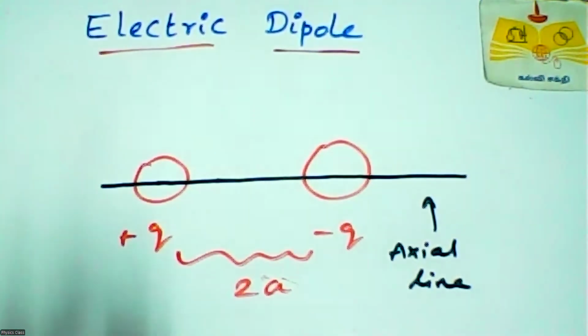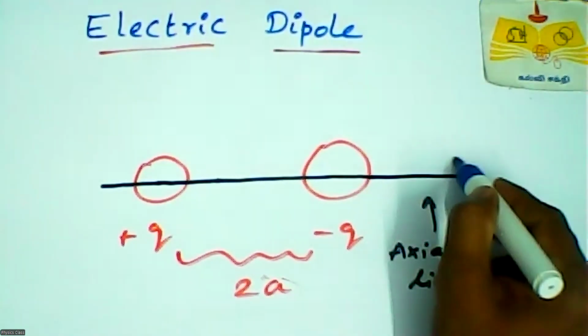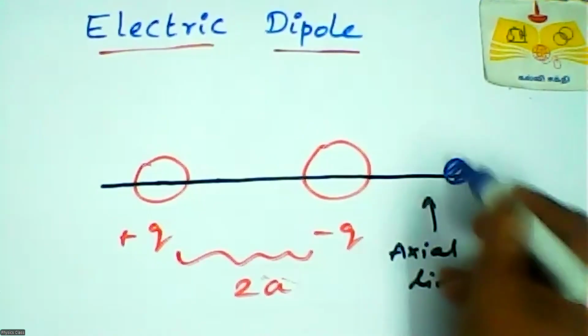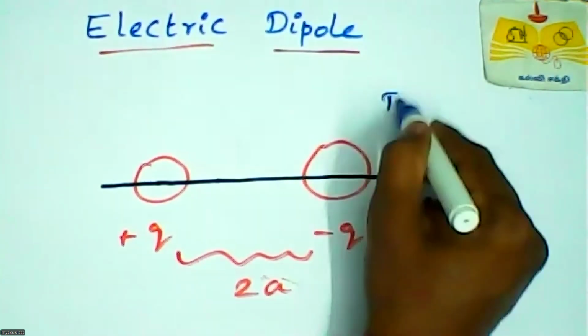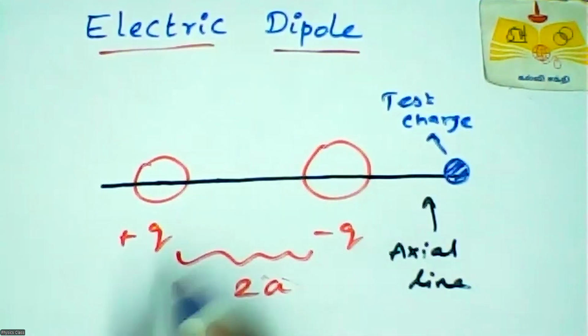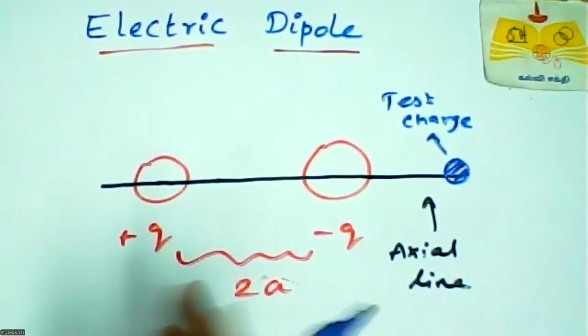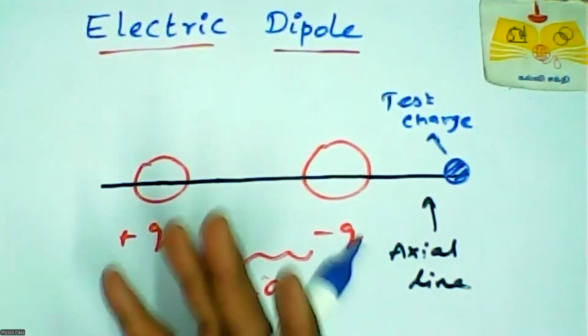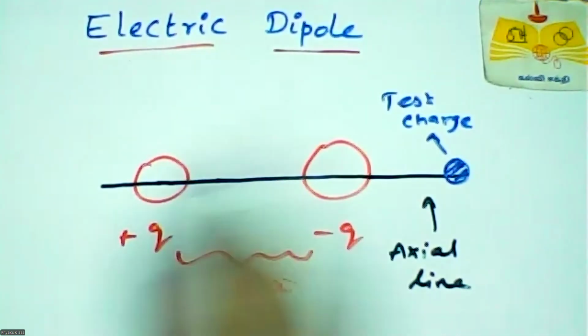In this axial line, we can put any test charge like that. So for example, here, this is a test charge, because we have to calculate the electric field of the charge at this point.